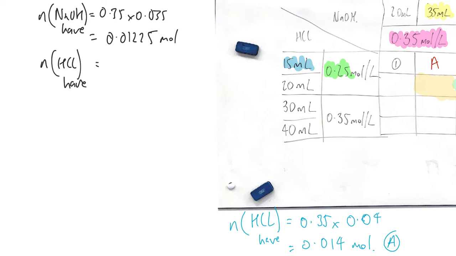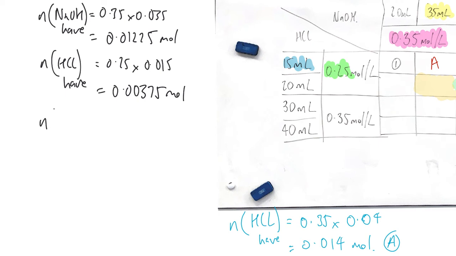Number of moles of HCl that I have is 0.25 times 0.015, which is 0.00375 mole.